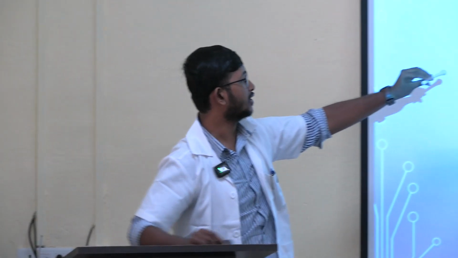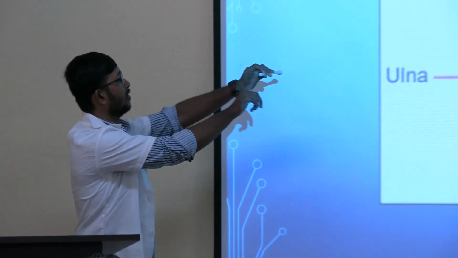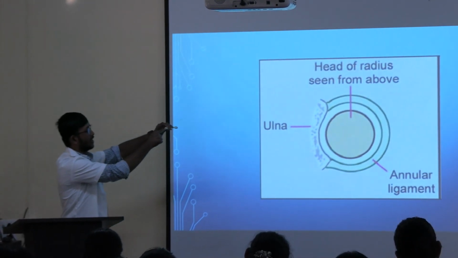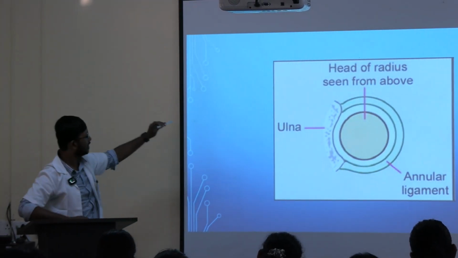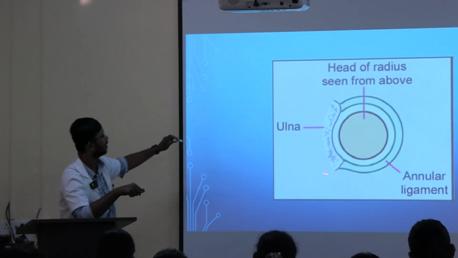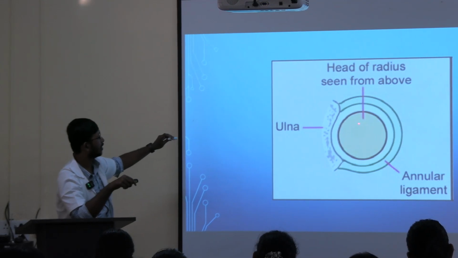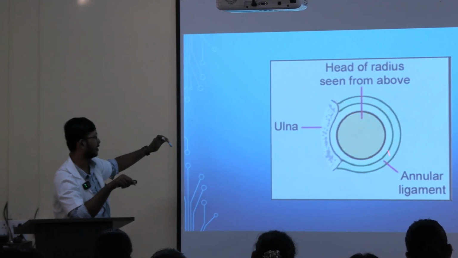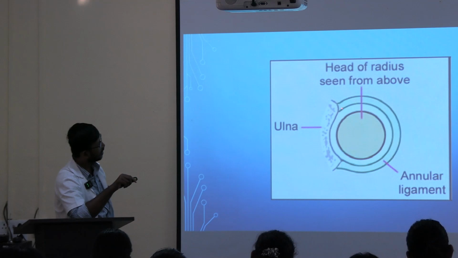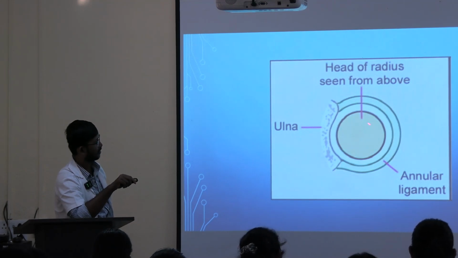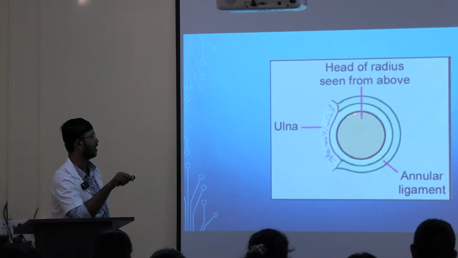So this is the cross section. Here it will be the ulna. This is the radius head. So if we place it like this, we will see this in the body. This is the concave disc structure of the radius, which is the head. It is surrounded by a ligament. This is the annular ligament.